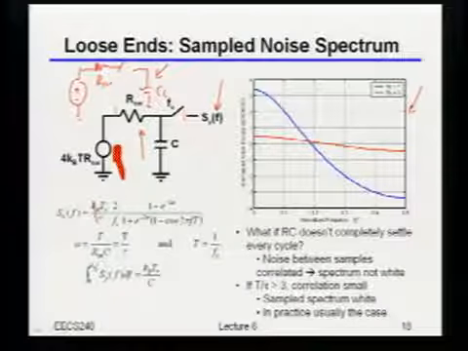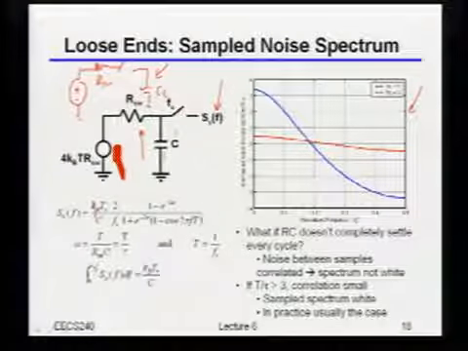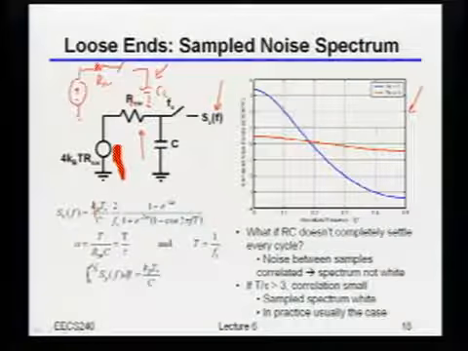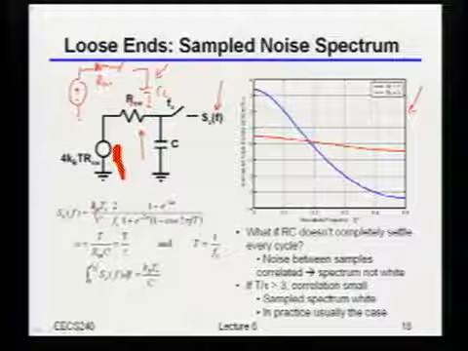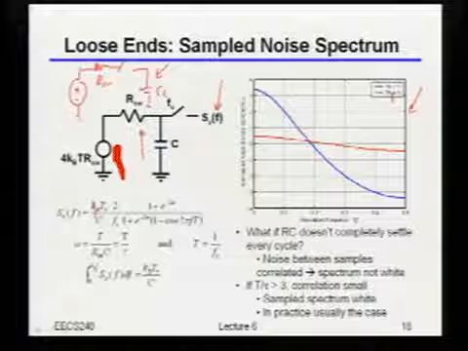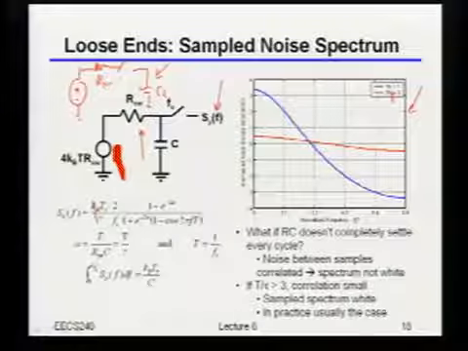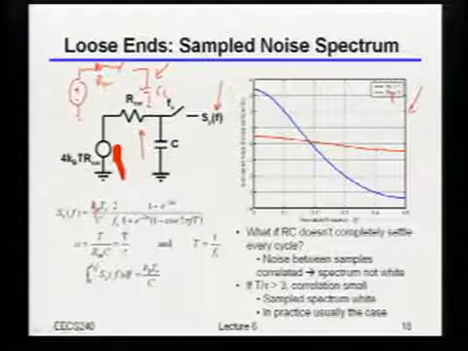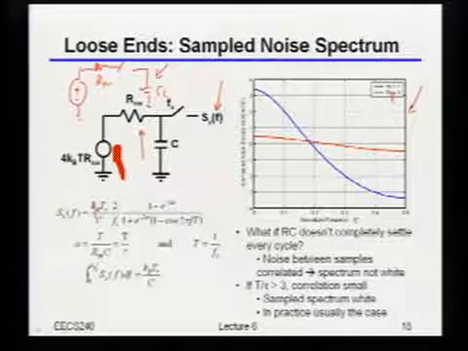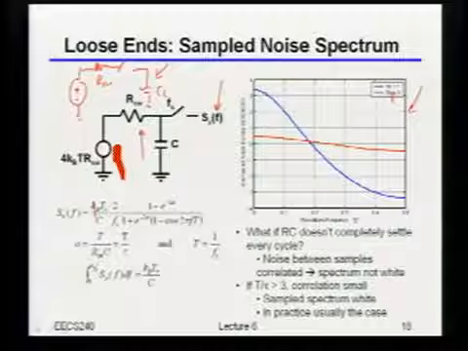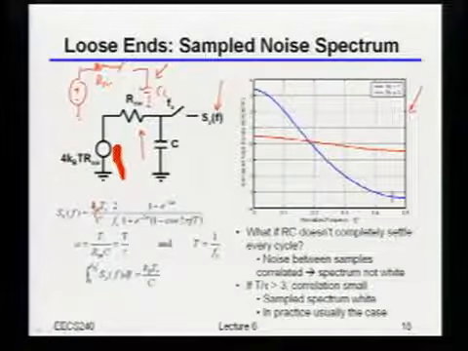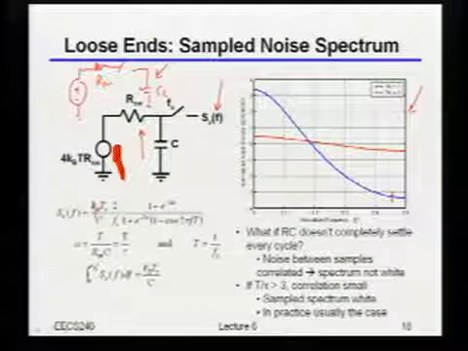So it's only true if the bandwidth of your circuit, or really the bandwidth of your sampler, is very, very fast, or at least fast enough in comparison to the sample rate. Okay? So for most of the stuff that we're going to be doing, we're going to intentionally try and make it look that way. But as an example, if you built a filter where you've intentionally put some low pass in there, that may not be the case, and so you may have to be careful to keep track of the fact that the sampled spectrum is not actually white. Okay?